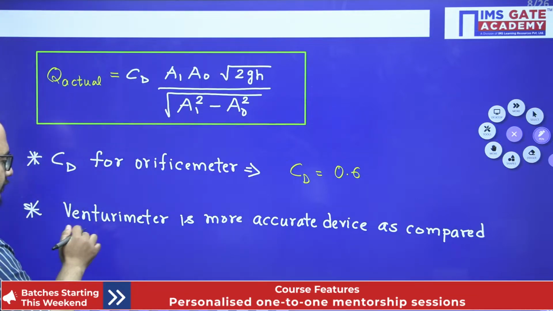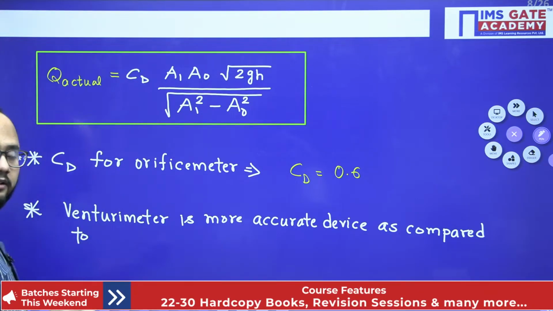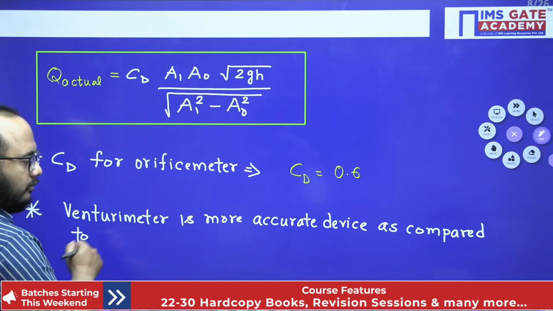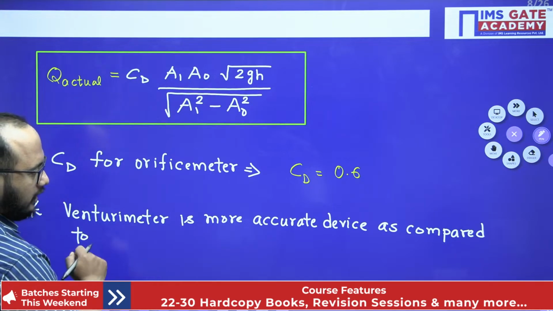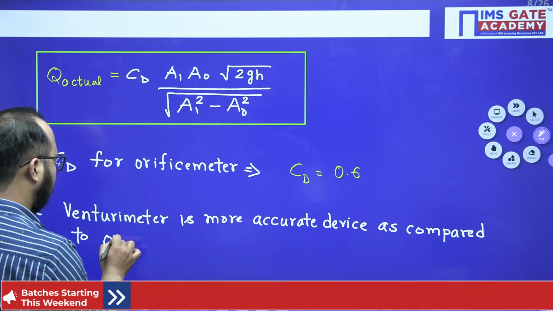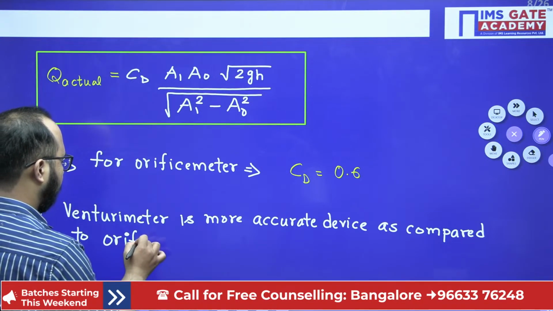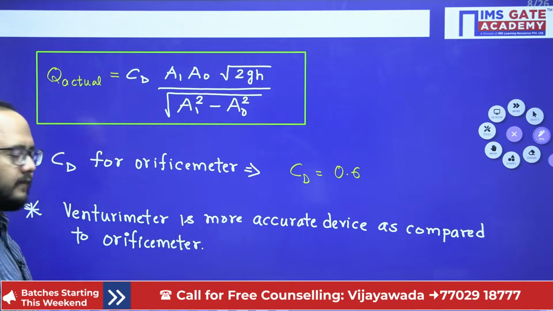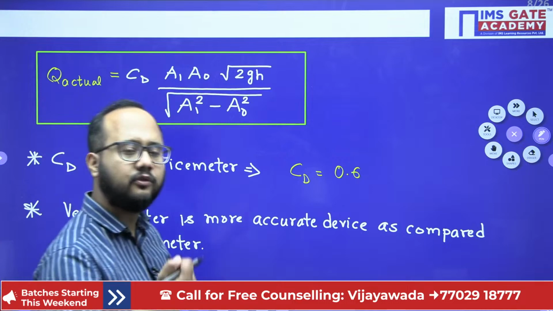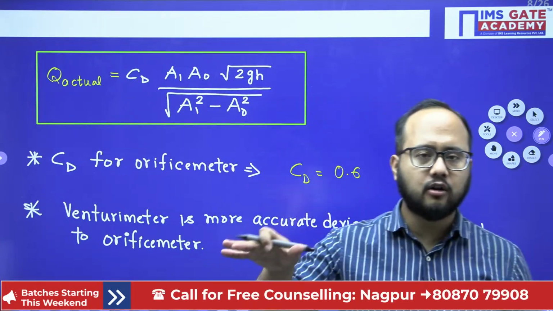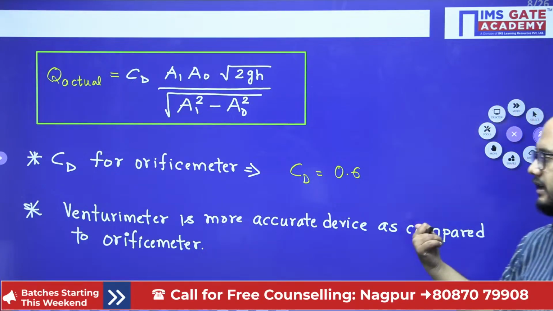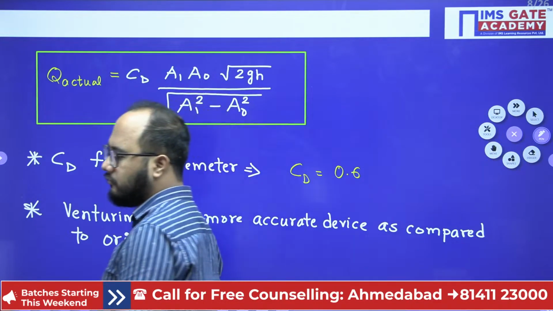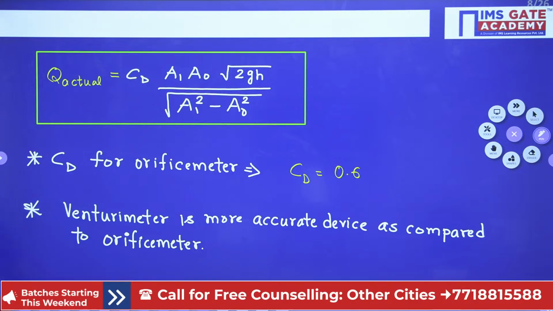This kind of statement you can see in your MCQs or MSQs, and they can use this statement in the questions also. Correct, because the value of CD is very high in the case of the venturimeter, around 0.97 or 0.98, but in the case of the orifice meter it is 0.6. Correct. Any doubts on the orifice meter, guys? Please tell me.